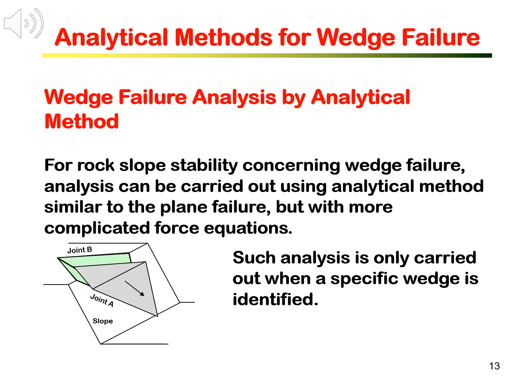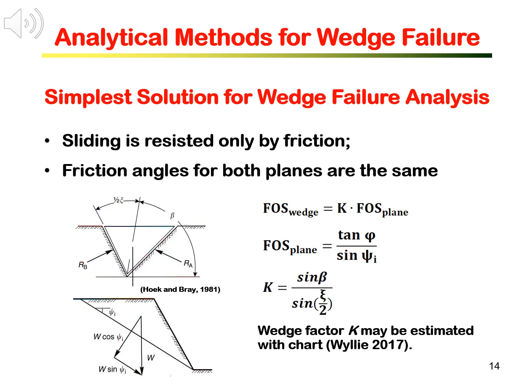I will not go through the analytical solutions for wedge slope failure. I have listed a book where you can learn the analysis if you wish to. I will just give you a couple of examples on the analytical equations for wedge slope analysis.